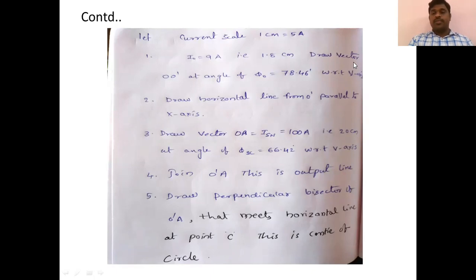With respect to the Y axis, we have to draw the no load power factor angle and the short circuit power factor angle, both with respect to the voltage axis. This ISN current we calculated already will be converted into current scale as 20 centimeters.